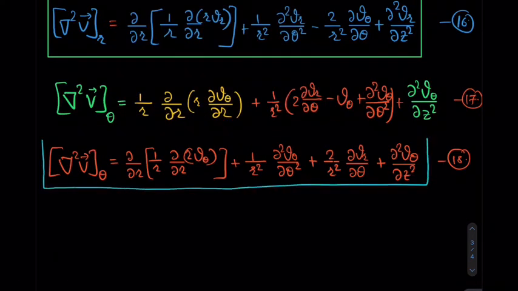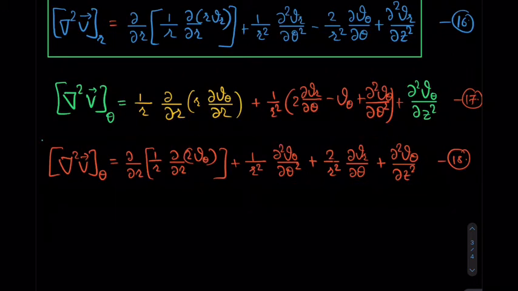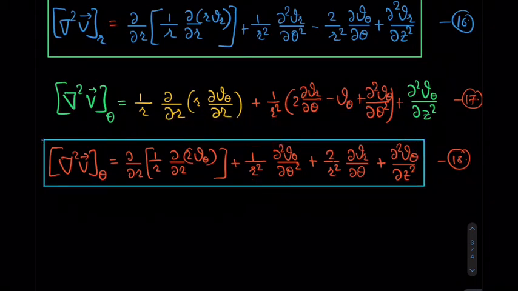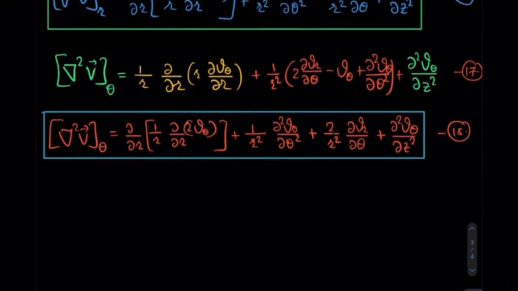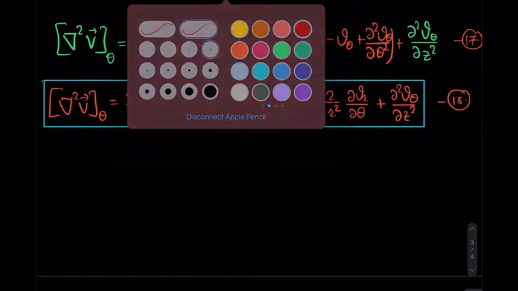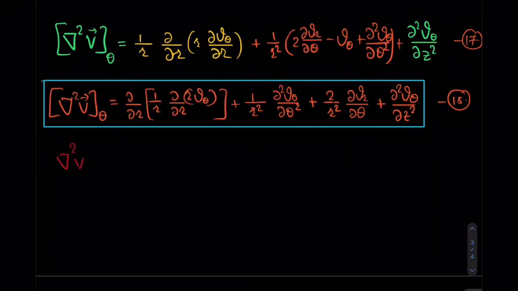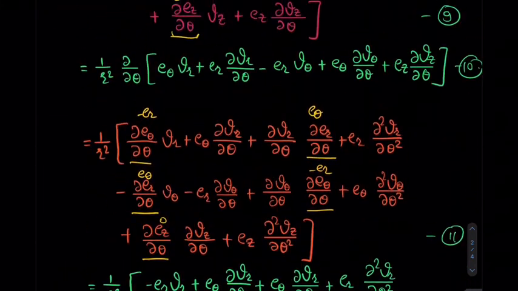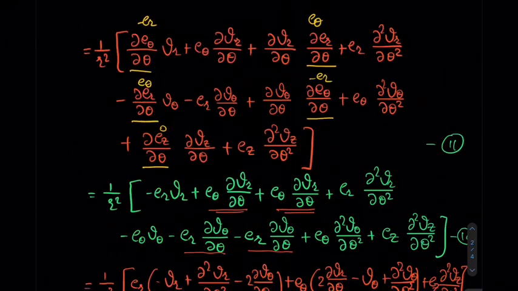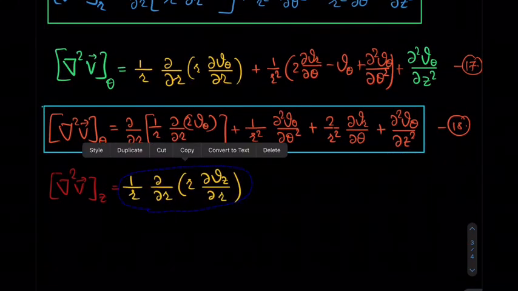Similarly, now we can get along z direction. So let us highlight it properly. Okay, so along z direction let us try to write down the components. Del squared v along z direction. So copy this term, paste it over there.